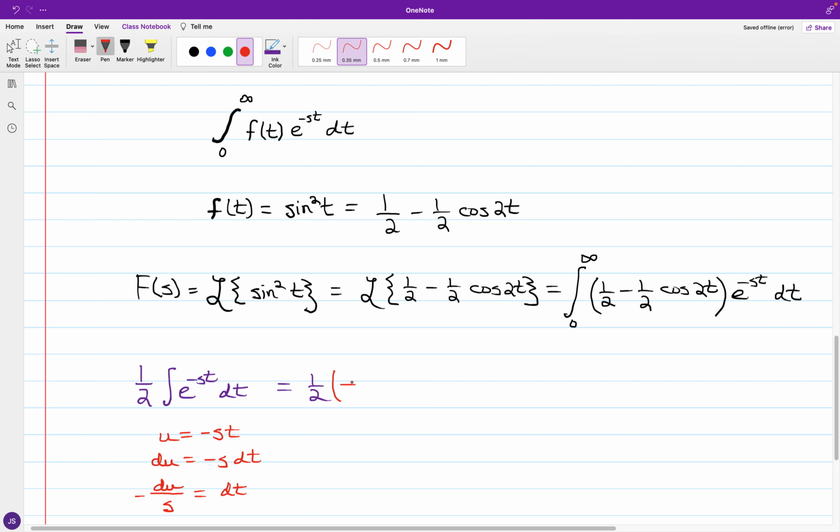So we'll have 1/2 of negative 1 over s times the integral of e to the u du.